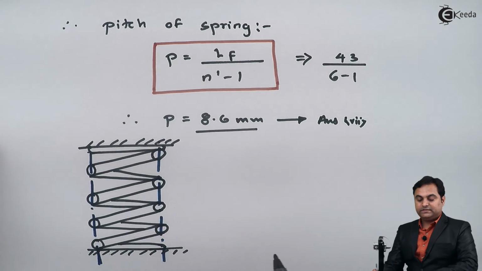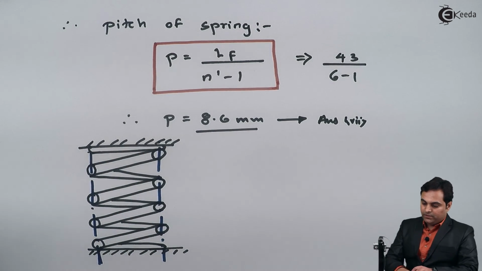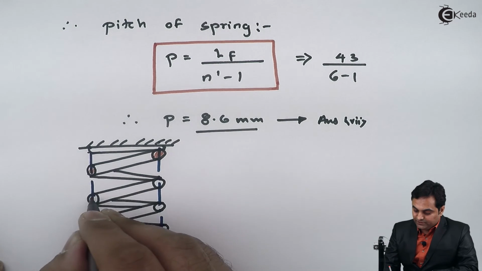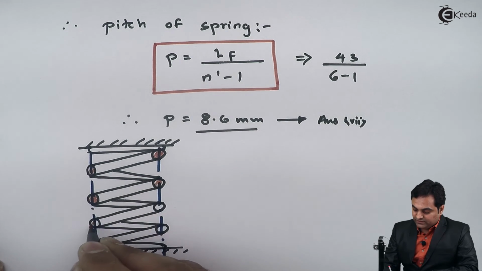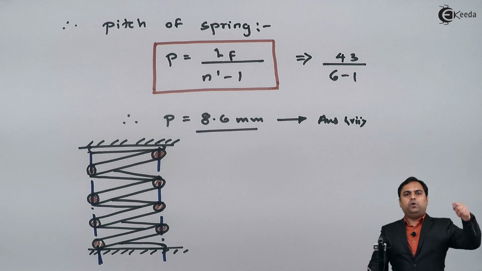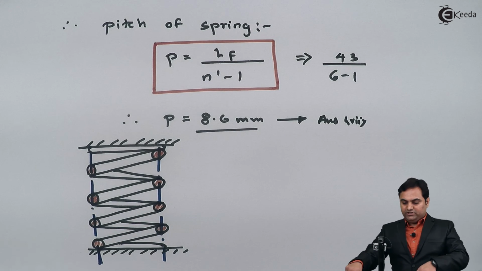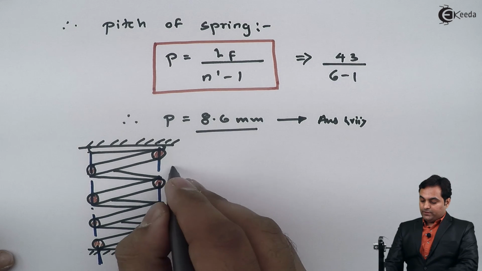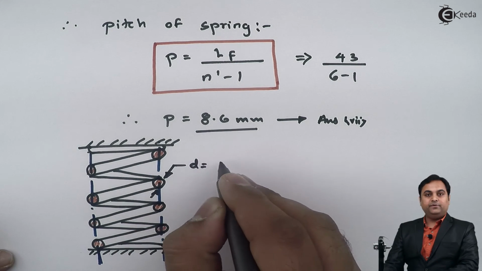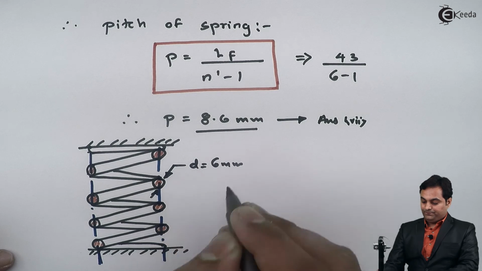Now this is the helical compression spring. Here these are the wire diameters, or I can say the wire which is used to convert it into spring, because springs are manufactured by rolling the wire to get it into a helical shape. So here this small d indicates the diameter of wire, which is 6 mm.